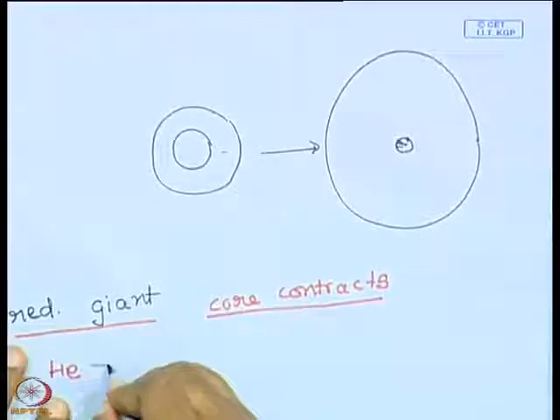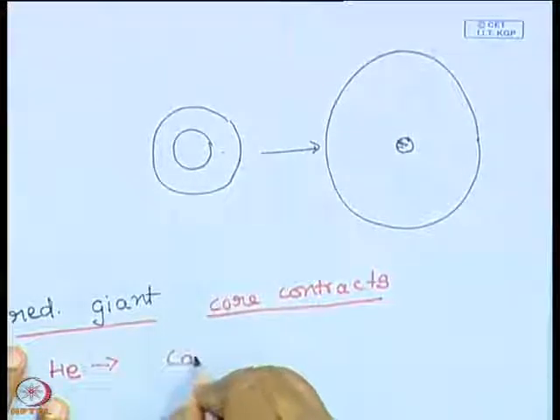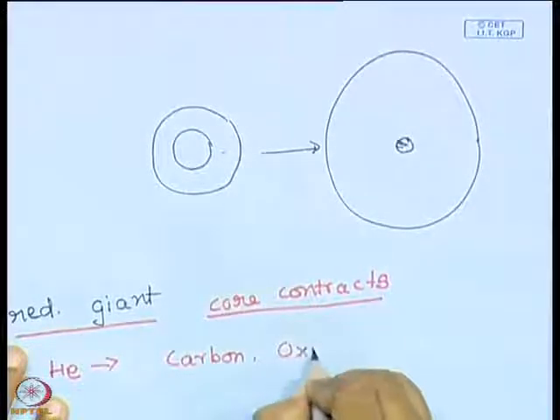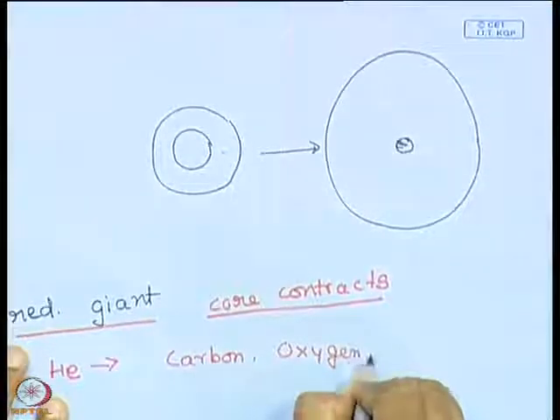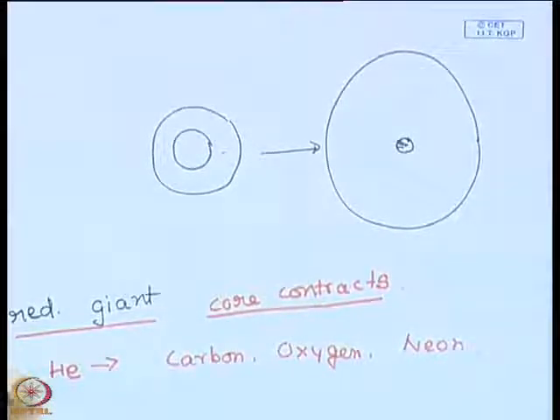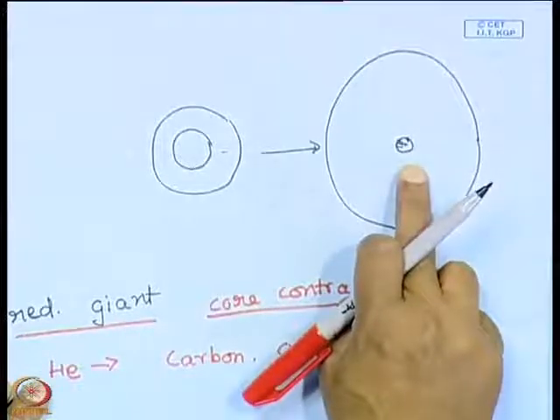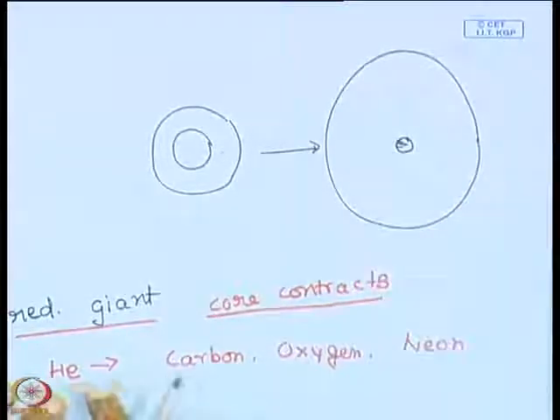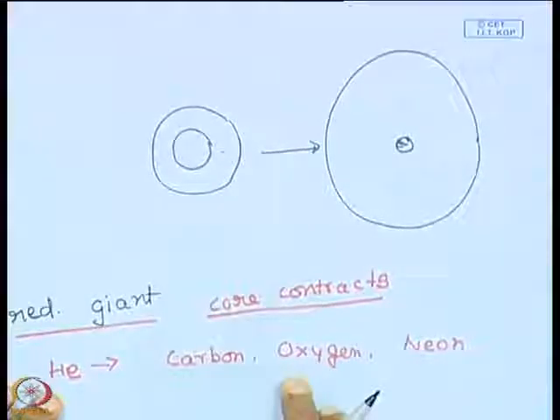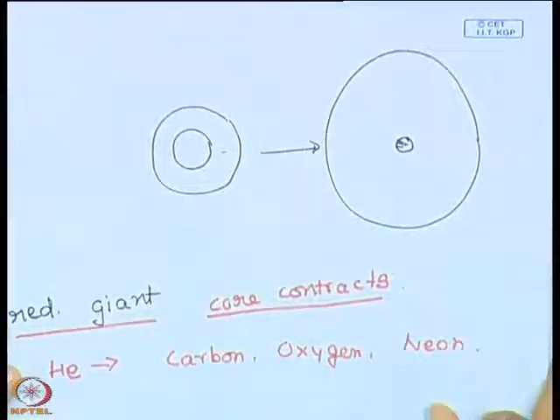Helium now gets converted to carbon and oxygen and also neon. The core keeps on contracting and it gets hot and dense enough so that nuclear fusion starts again. It now burns helium to carbon, oxygen and some amount of neon.